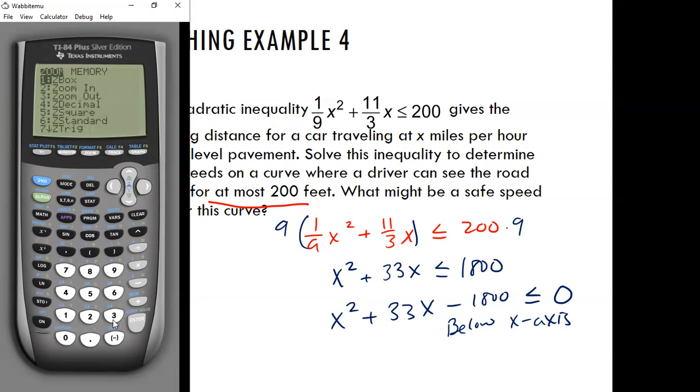So I'm going to zoom out because my numbers are kind of large. Oh, I see a line. Okay. I zoomed out too far, or maybe not enough. You can also use zoom fit. If you scroll down, you may see where it says zoom fit, and you can let the calculator say, okay, what do you think is a good look for us, calculator? And it'll show us.